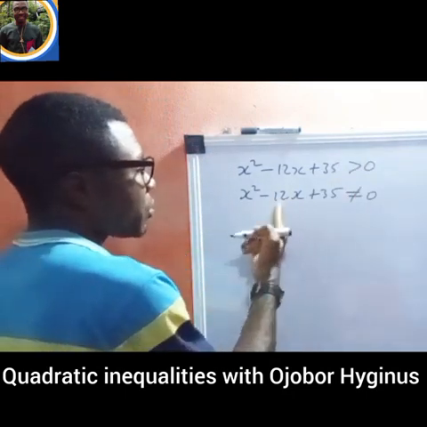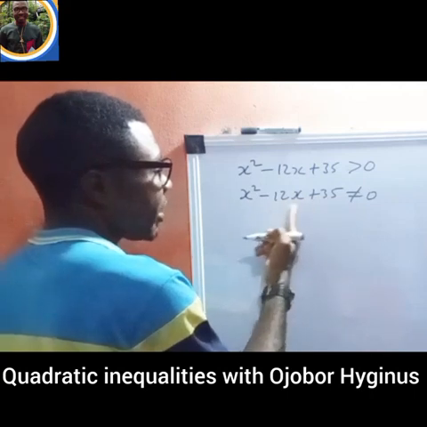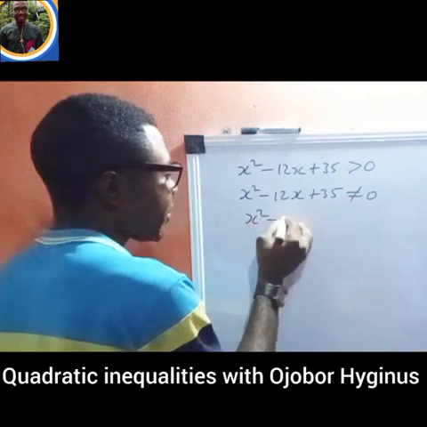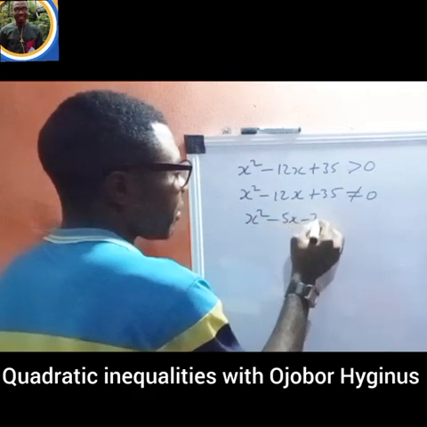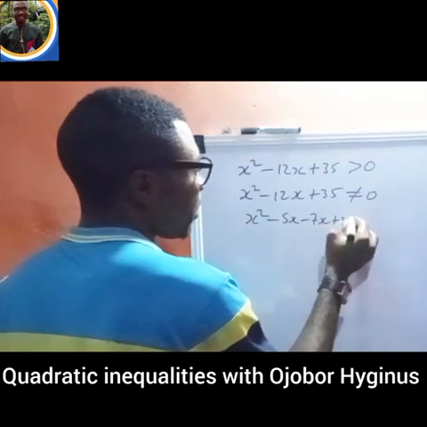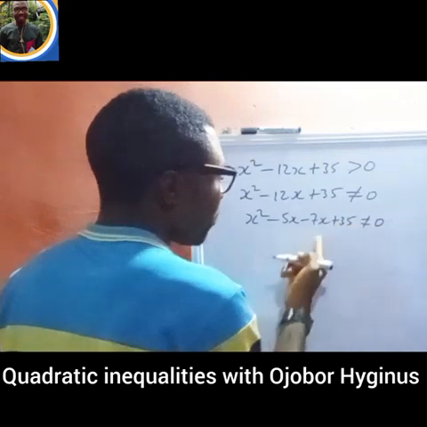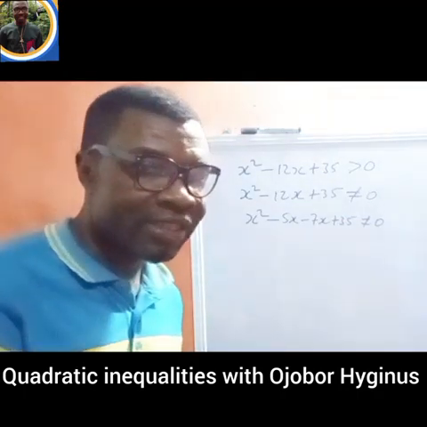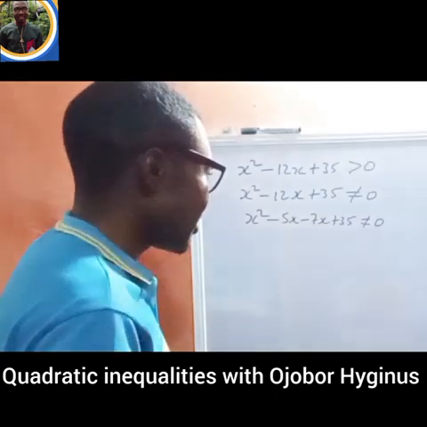So look for two numbers that when you add will give you minus 12 and when you multiply will give you 35, and those two numbers are minus 5x and minus 7x, plus 35 is not equal to 0. If you want to know how we get these two numbers, go and watch our quadratic equation by factorization. You will understand it from there.